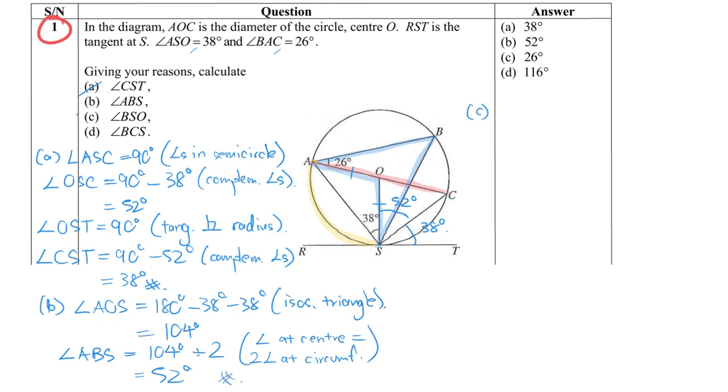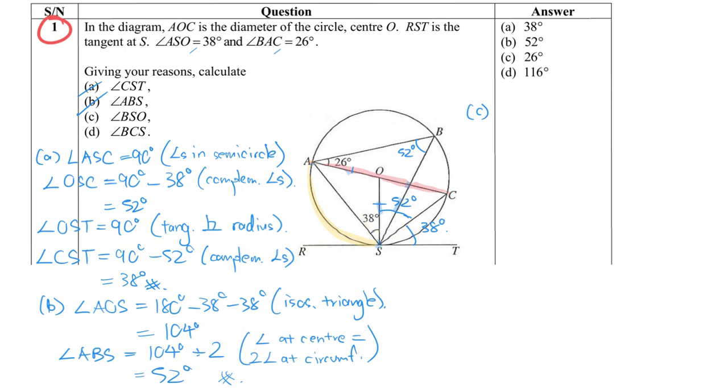I'll move on with C here. BSO. Let me erase our marks again. Okay. Put in the info that we have. 52.